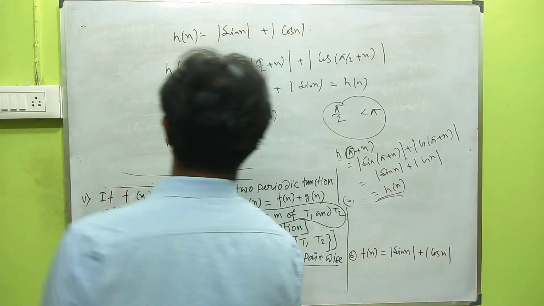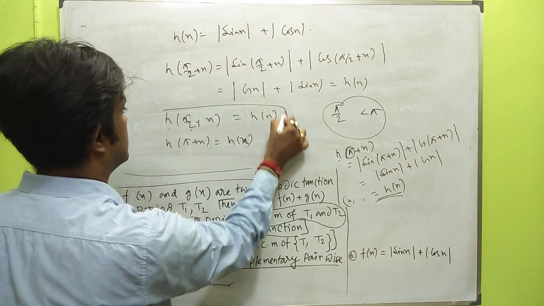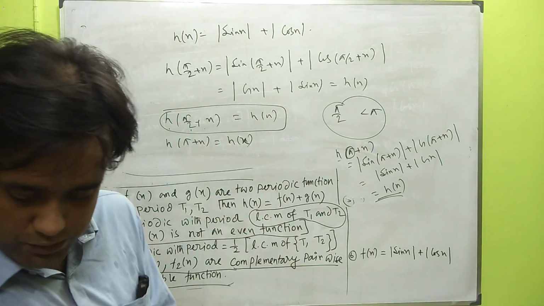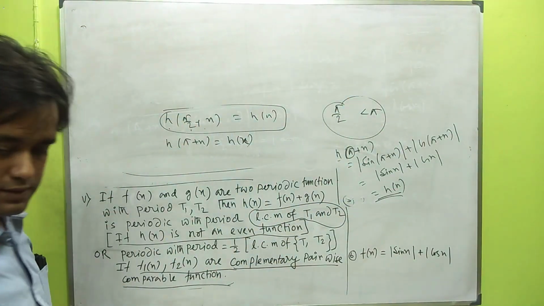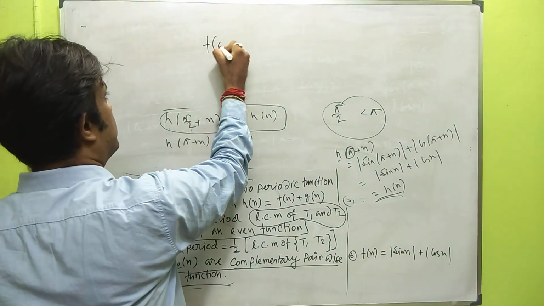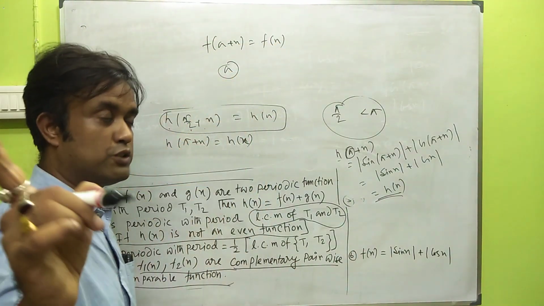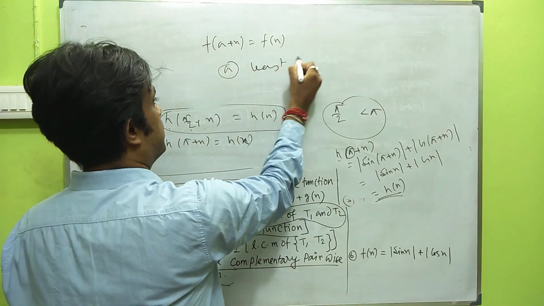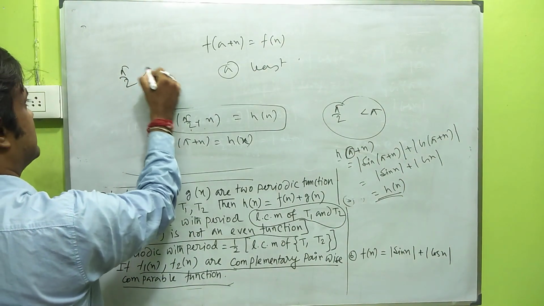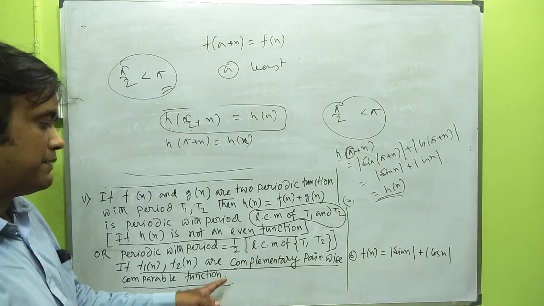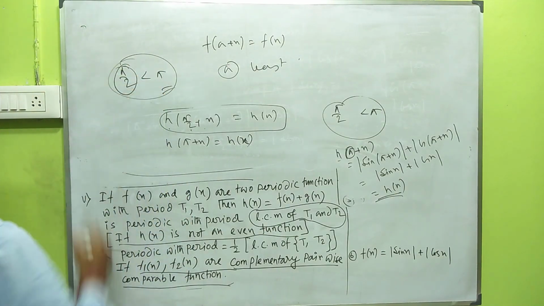But here we see that h(π/2 + x) is equal to h(x). And from the definition of a periodic function, f(a + x) is equal to f(x), where a is the least positive real number. As we know that π/2 is less than π, the period will be π/2.